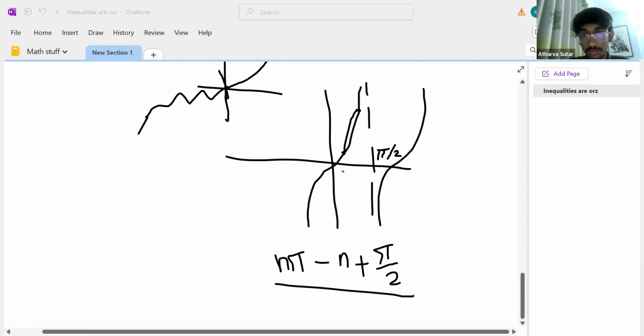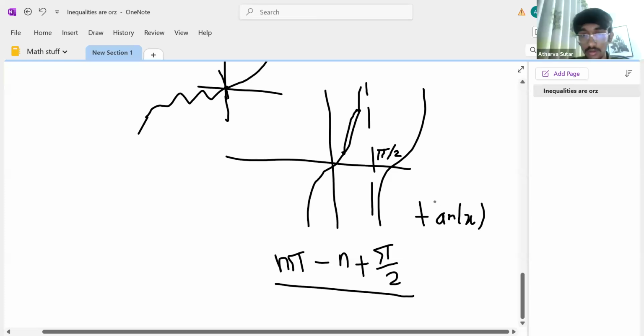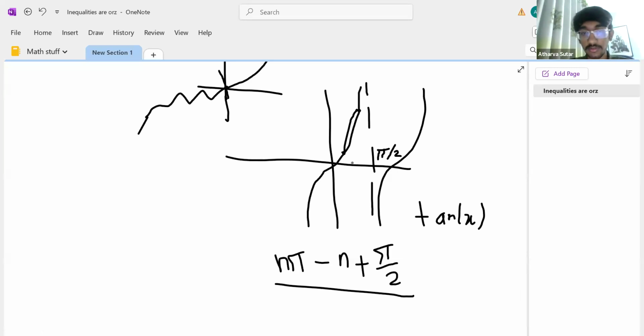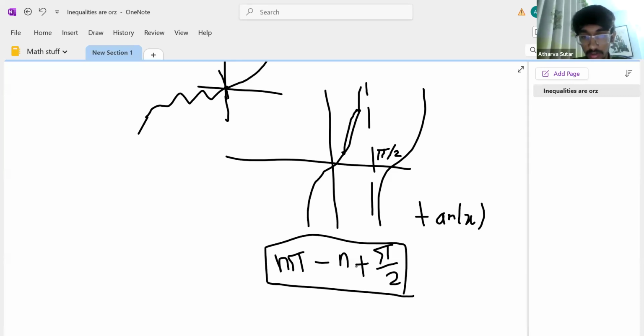For example, if this one comes in the problem, you'll have to specify this range. If you have the function as tan x, the first derivative would be sec squared x. The double differentiation of this function would come as positive in the interval n pi to n pi plus pi by 2.